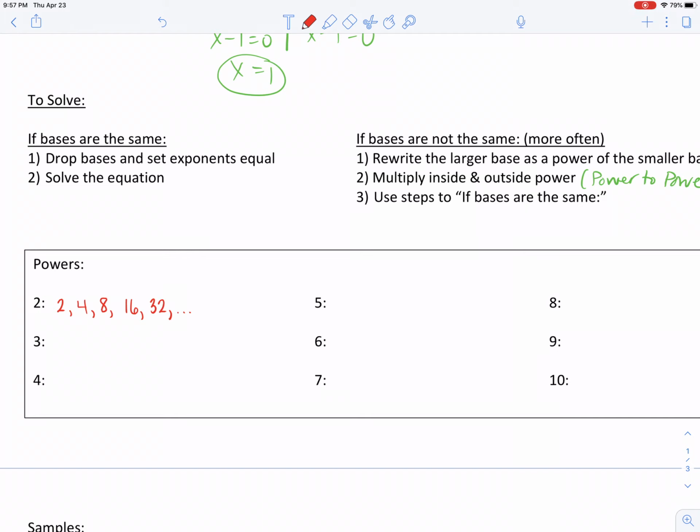So you can generate this list to have in front of you every time you're doing exponential equations. Have your power list. And you don't have to memorize it. I'm simply just raising these numbers to each power.